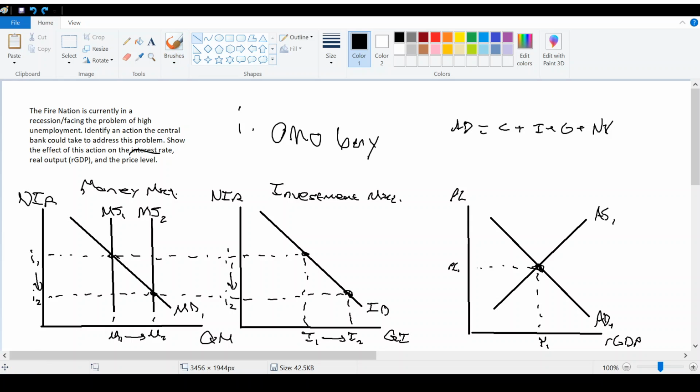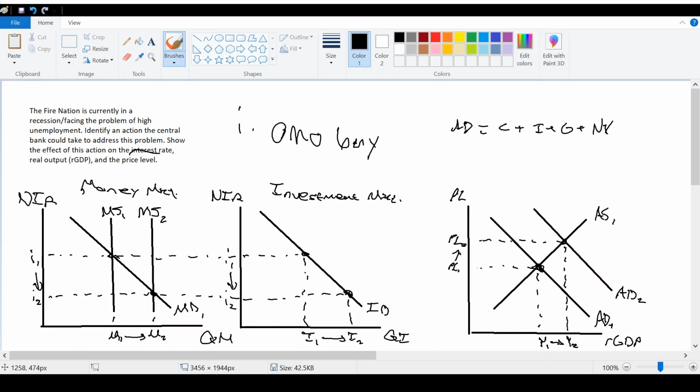So our AD shifts to the right, AD2. This causes an increase in real GDP, Y2, and an increase in the price level, PL2.